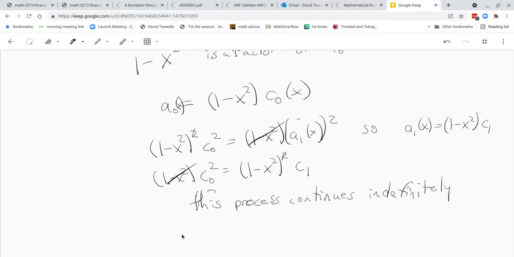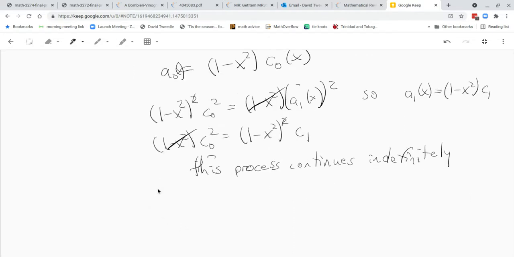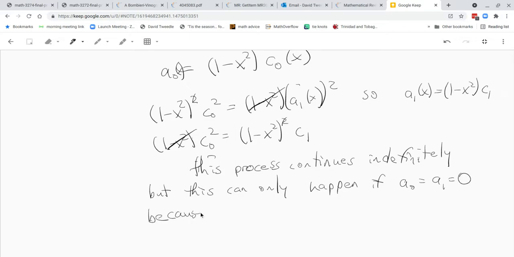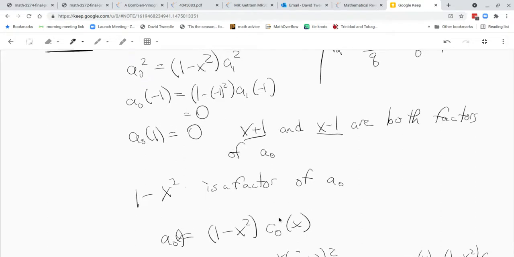But this can only happen if both a1 and a0 are 0, because the degree goes down by 2 each step you take. What do we mean?